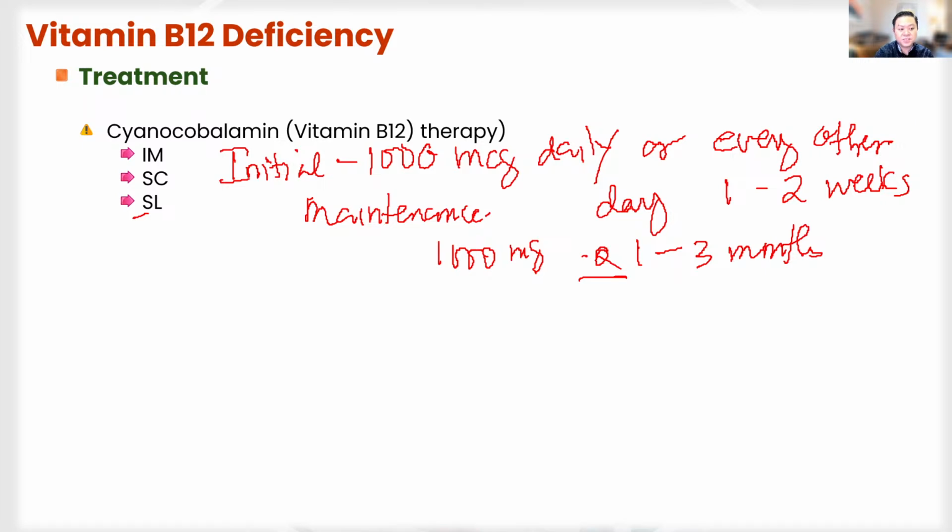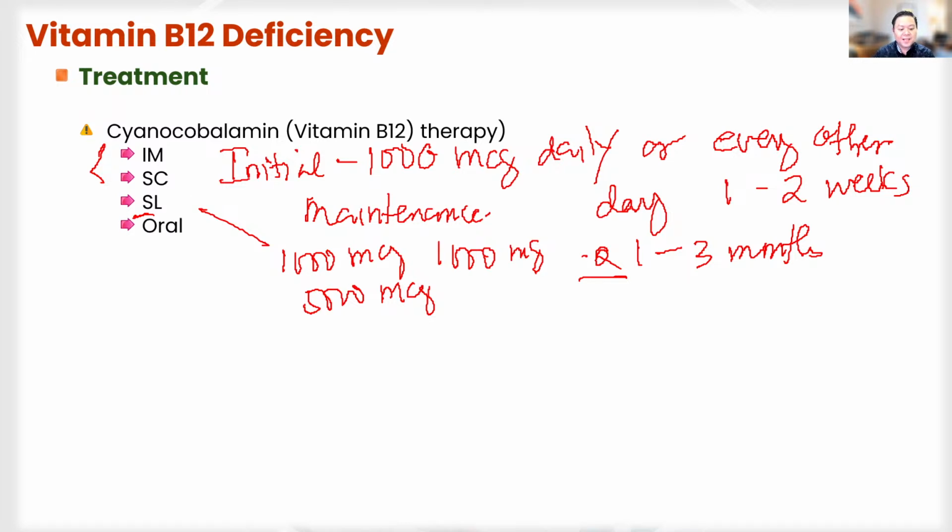And so the dosing schedule for the sublingual will vary from about 1,000 micrograms to about 5,000 micrograms. And we know, of course, that the absorption will be a whole lot better when the patient is given the IM or let's say subcutaneous. But for sublingual, there's going to be a need for a higher dose because, of course, it's not going to be absorbed better compared to the other two.